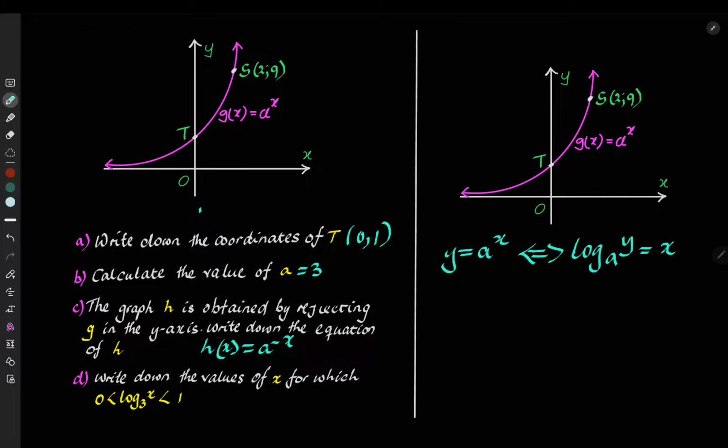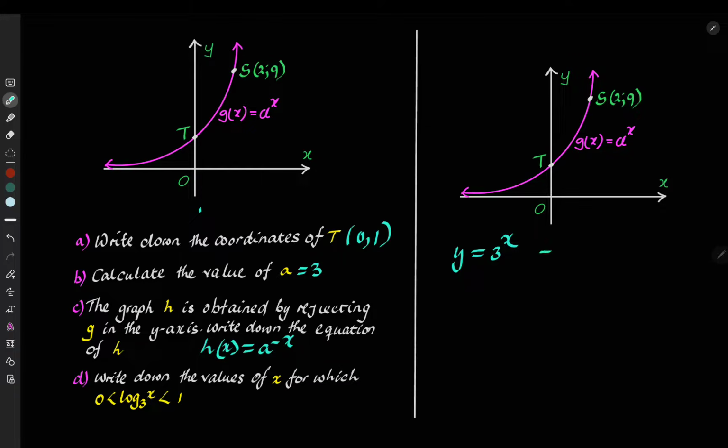So a log is always an inverse of the exponent. In this case, if we are asked to find the inverse, you would now change your y and x. So that will be log a x is equal to y. So that is what you apply. With this in mind, let's find the inverse. We had a function y is equal to, in this case, g of x, which is 3 to the power of x.